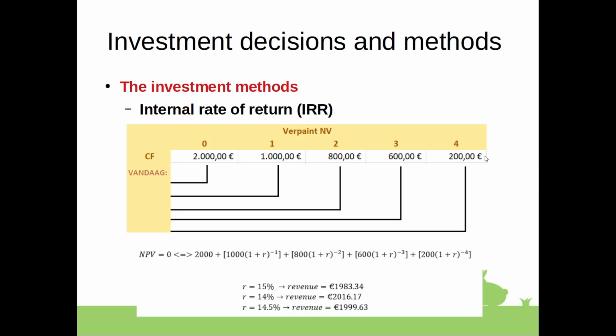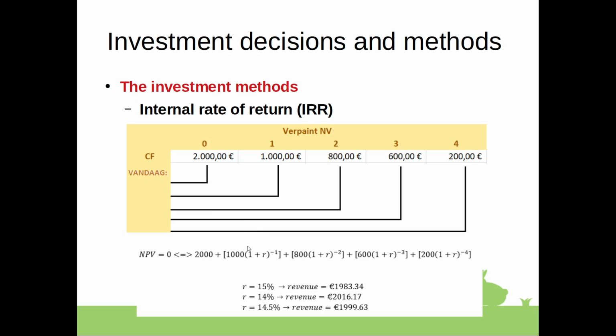Now, the problem is that in this exercise, you do not know your R, okay? But in the method with NPV, we were looking for NPV and we know our R. Now our NPV is 0, and the R will be our unknown variable. And as you can see, the very first number is 2000, which is a number we do not have to bring back because it's already today, right?